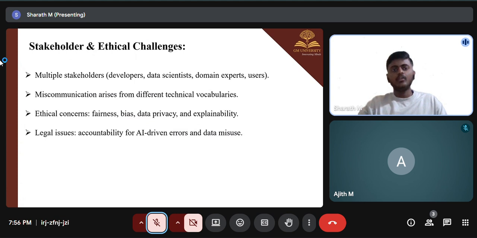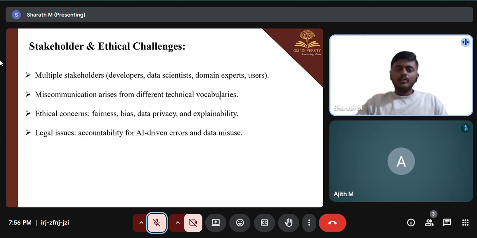Next slide, stakeholder and ethical challenges. In this slide, we can see another major aspect, the challenges related to stakeholders and ethics. AI projects involve a variety of stakeholders, that is software developers, data scientists, domain experts, and end users, each with different perspectives and technical vocabularies.